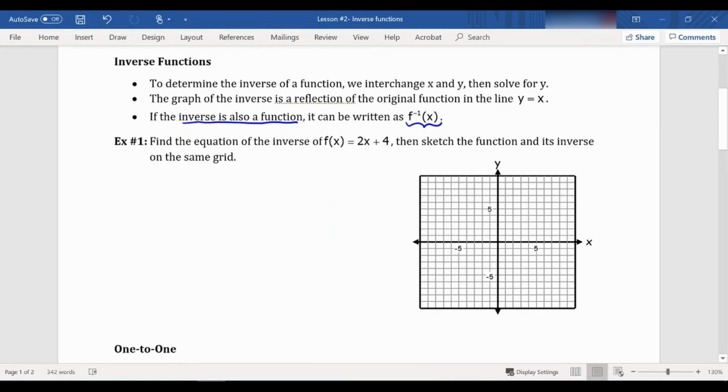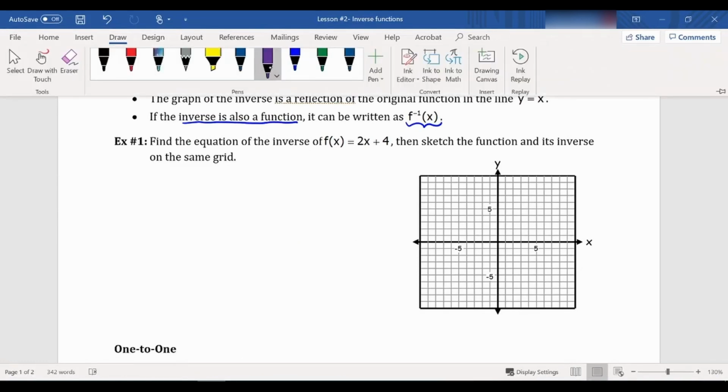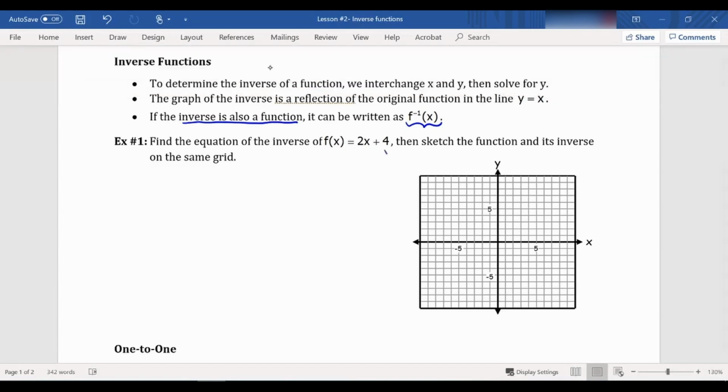So let's try a question just as a refresher for inverse functions. If we have this function, f of x equals 2x plus 4, what does this look like if we want to sketch the function? This would be a straight line with a y-intercept of 4, and a slope of 2.